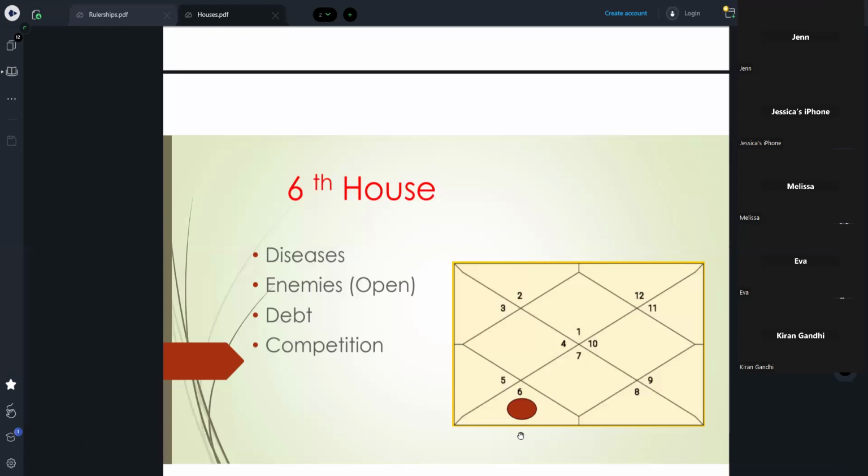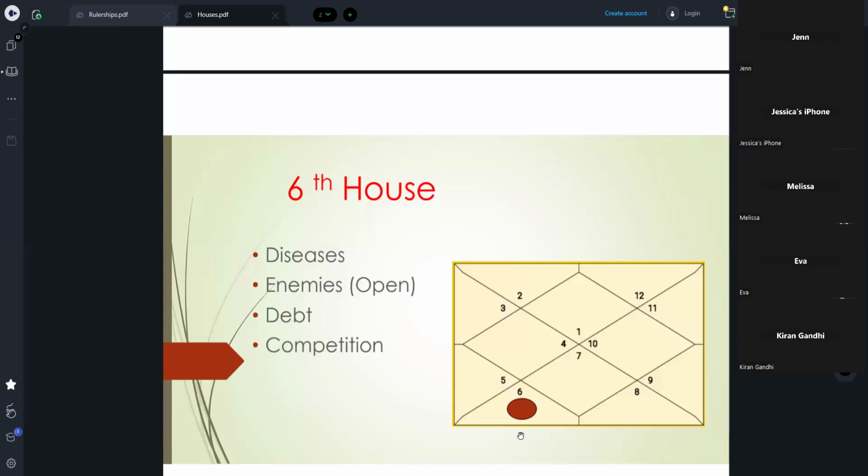Essentially, any timing of an event is done by two main aspects. The first is progressions, and the second is transits. Indian astrology, which is what we are learning here, focuses very heavily on progressions.